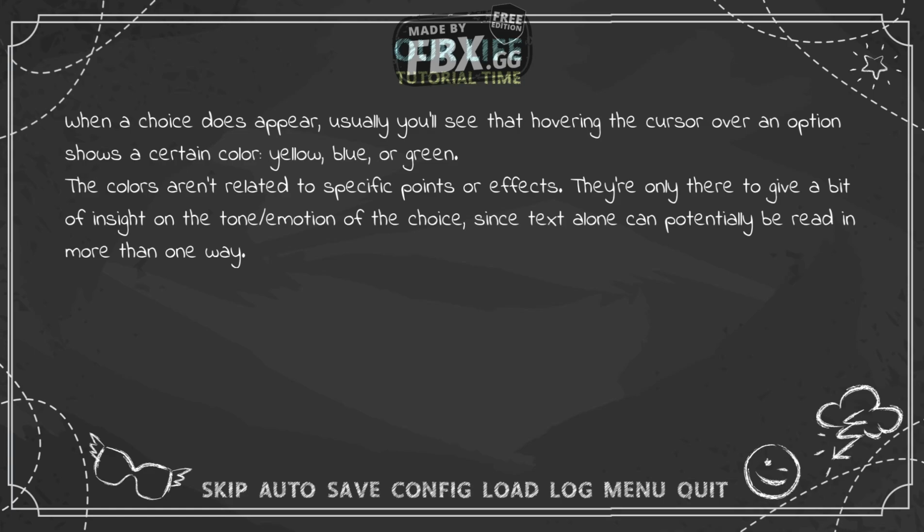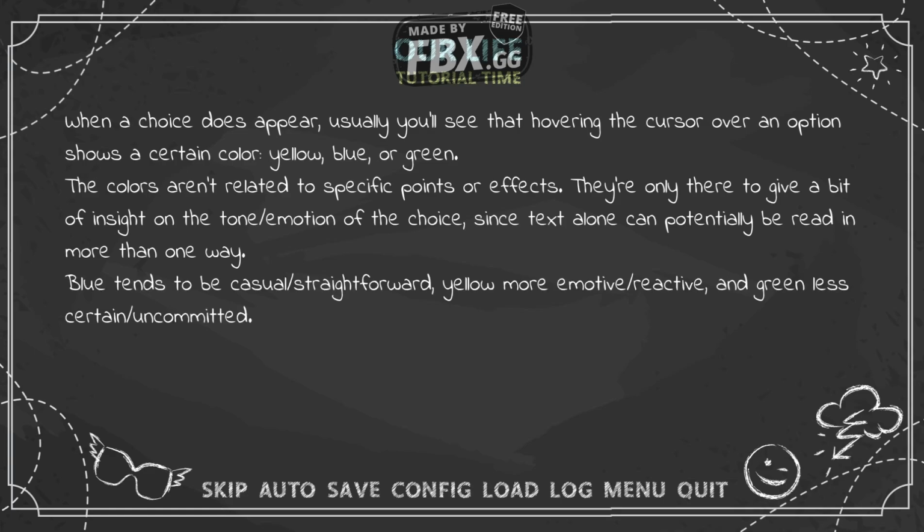The colors aren't related to specific points or effects, they're only there to give a bit of insight on the tone and emotion of the choice, since text alone can potentially be read in more than one way. Blue tends to be casual, straightforward, yellow more emotive and reactive, and green less certain and uncommitted.